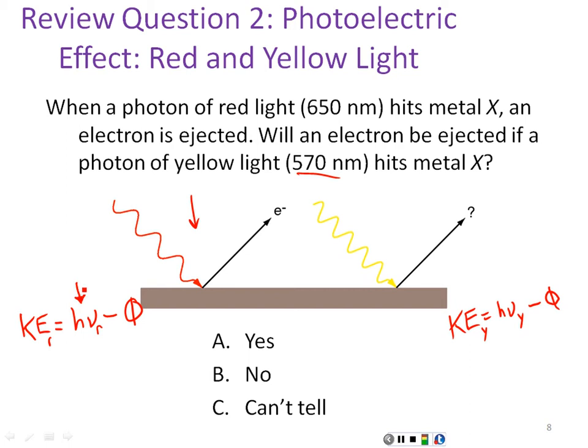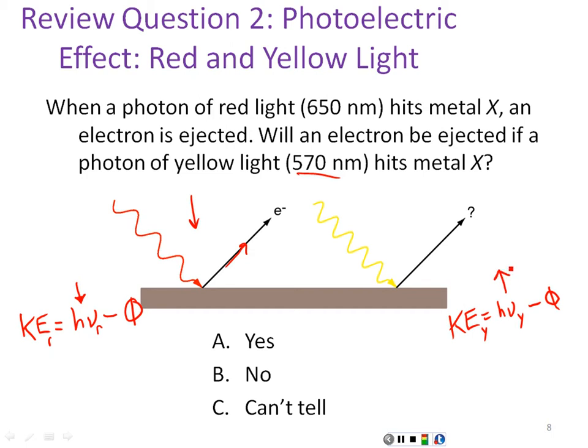But we know that even though red light has lower energy than yellow light, we're still getting an electron kicked out. So the question is, will an electron be kicked out if we use yellow light? Yellow light has a shorter wavelength, so a higher frequency, so the energy of this light is higher.